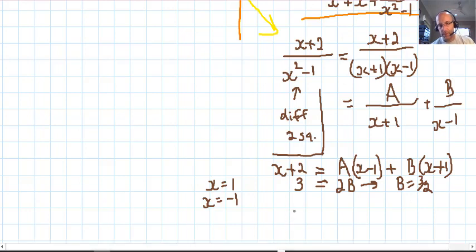They can be real numbers of any type. And we have negative 1 plus 2 is 1. And we have negative 2a. A will equal negative 1/2.